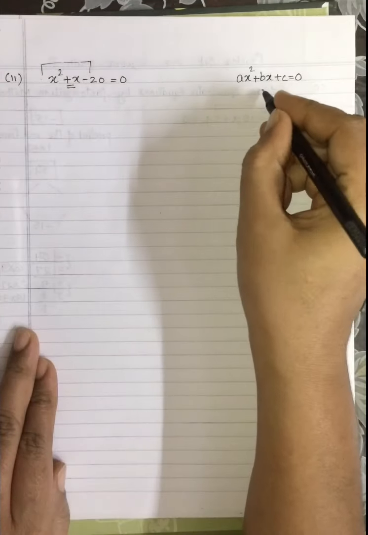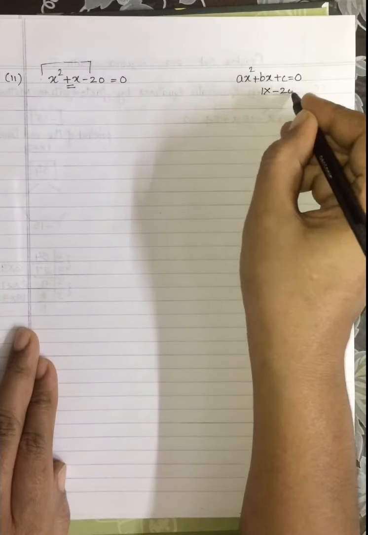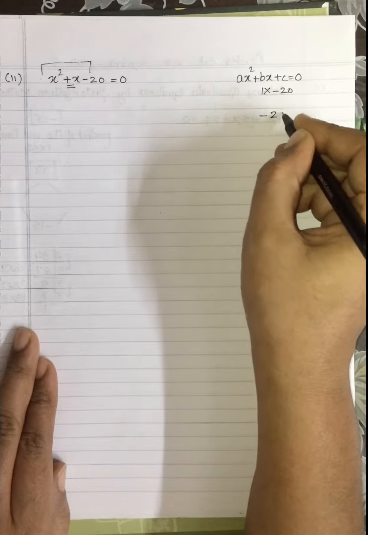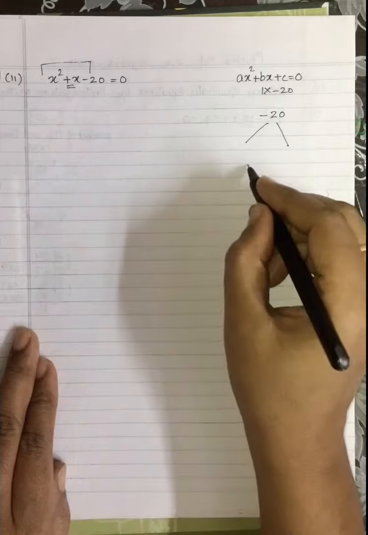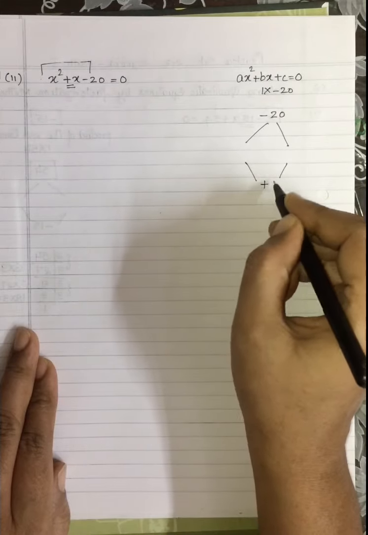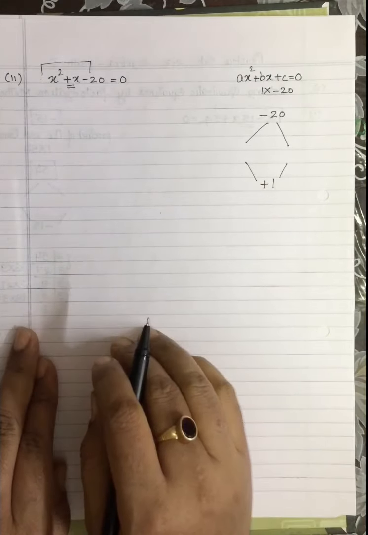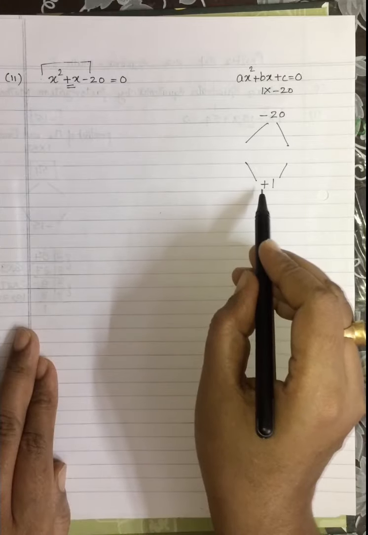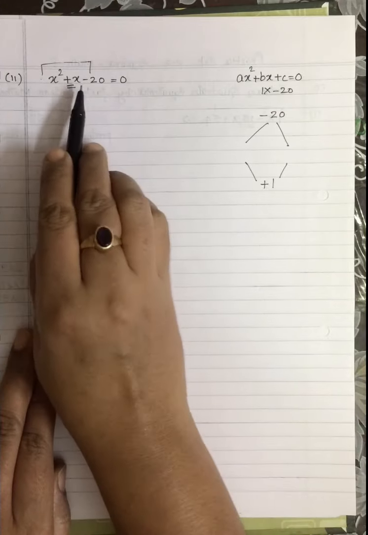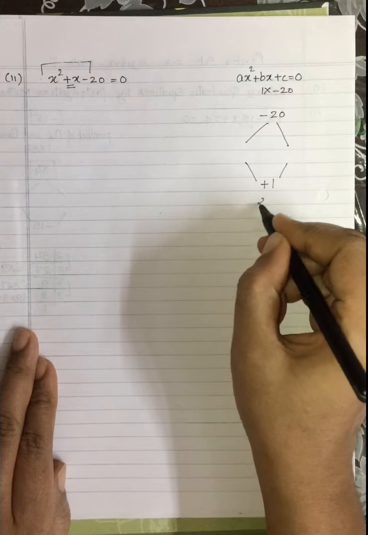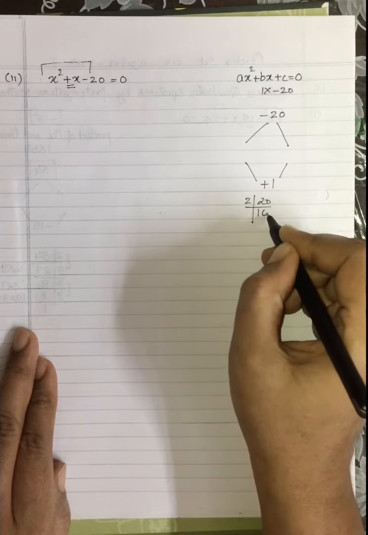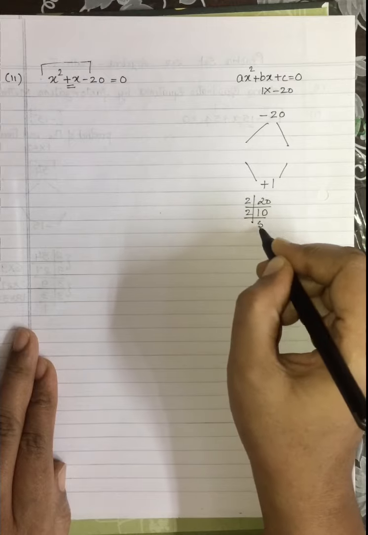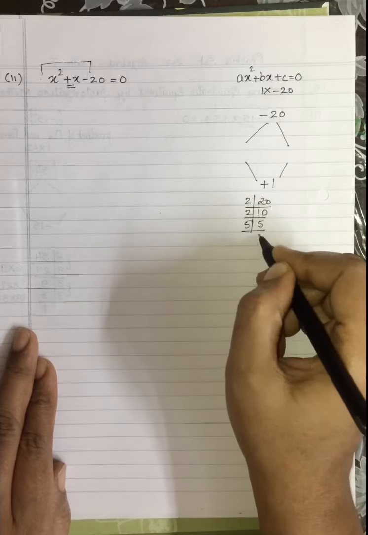1 multiplied by minus 20 gives you minus 20, and the middle one, when no number is showing, means always plus 1. Try to take always with the sign. Now 20, when you factorize, prime factorization always means divide with the prime numbers. 2 twos are 4 and 5 fours are 20.